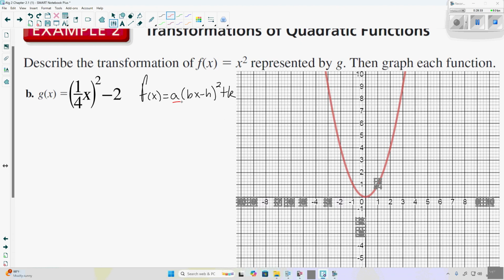No. Do we have a value for H? Do we have a value for K? And it is negative 2. Do we have a value for B? It is 1/4. So before we start looking at how it's going to work, we're going to want to switch it to 4.